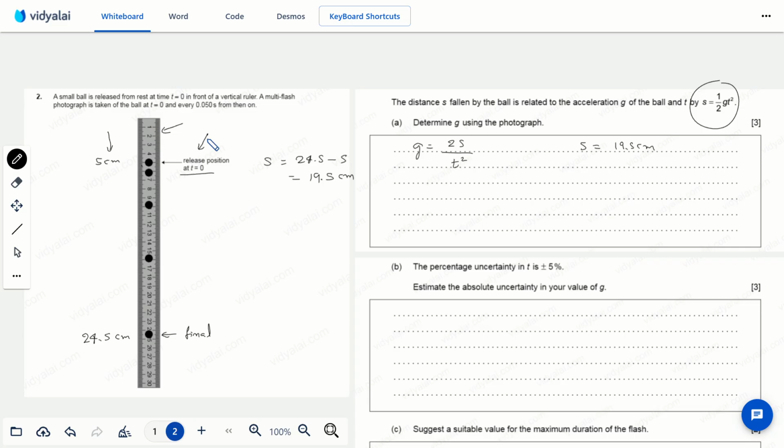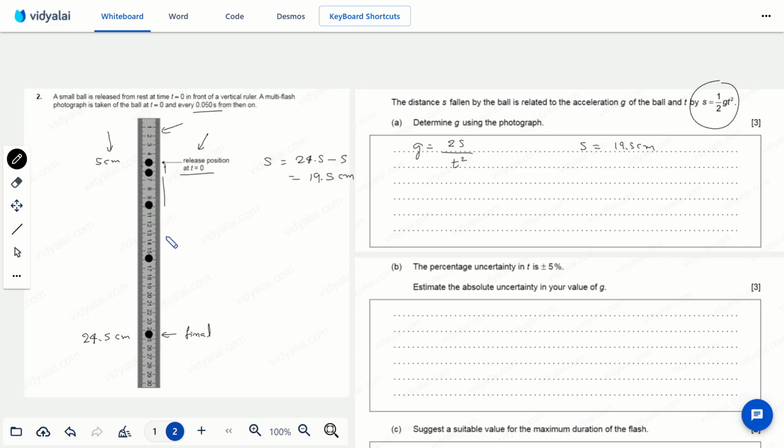Now we need to find out the value of t. T is measured in seconds. So we need to find out the duration between its initial and final position, its descent from its initial to final position. We need to keep in mind that all of these photographs are 0.05 seconds apart.